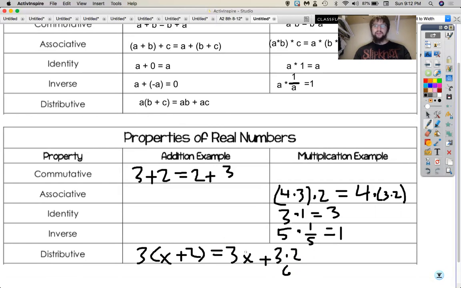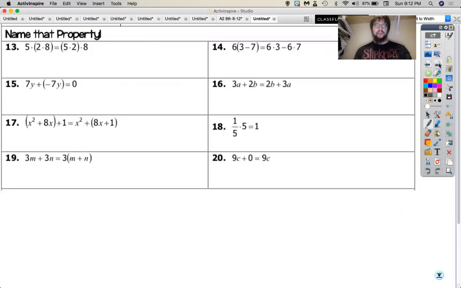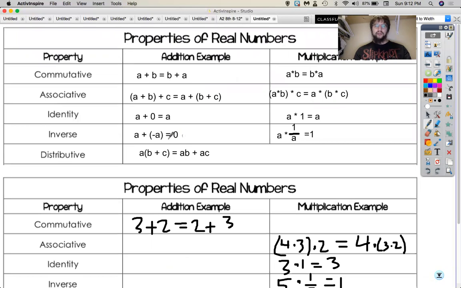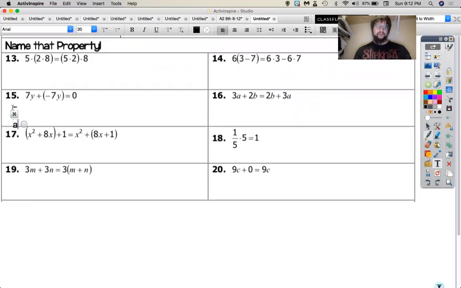That's our properties. Real quick, let's look at an example. It's equal to 0, that's the additive inverse. On all of them but the distributive property, it's important to indicate whether you're adding or multiplying. So if you're doing both, that's right away distributive property. This is the multiplicative inverse because it's equal to 1.